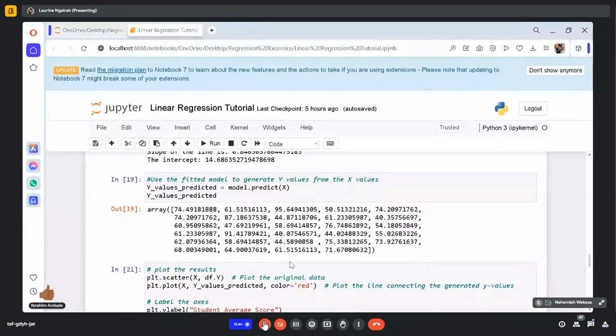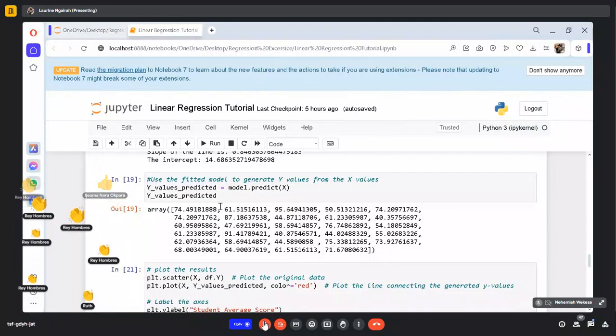That is the best fit. We have used the predicted value. We draw the line using the predicted value because the model predicted some values which will provide the least error when the line is drawn.